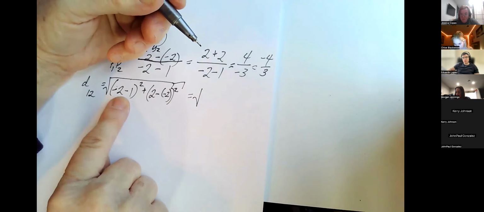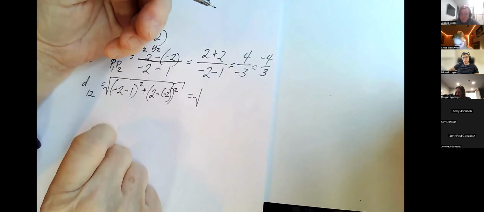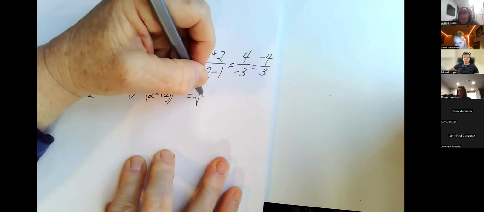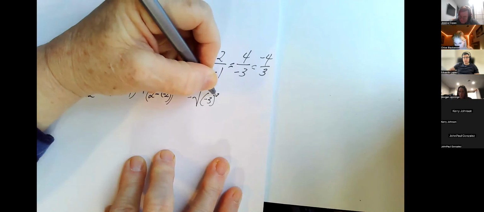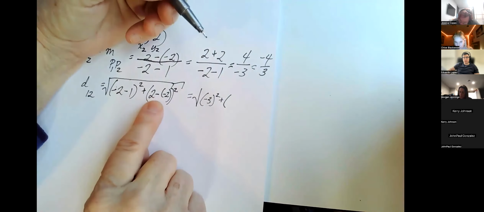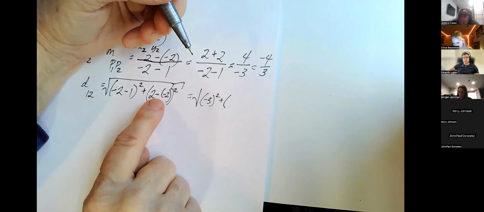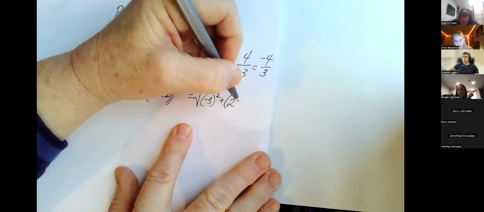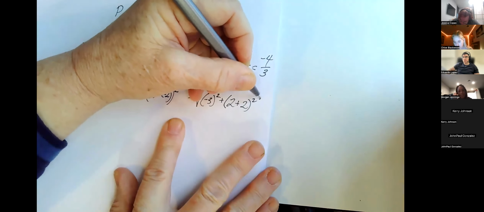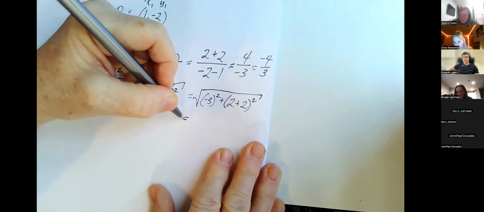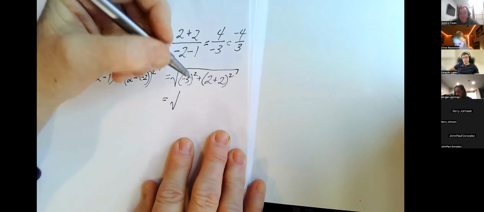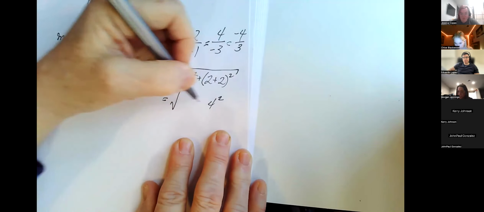Negative 2 minus 1 is negative 3. And what do we do if we have 2 negatives in a row like this? It becomes a positive. Good. So that becomes 2 plus 2, which is 4. Lovely.